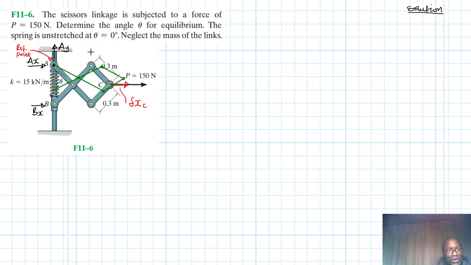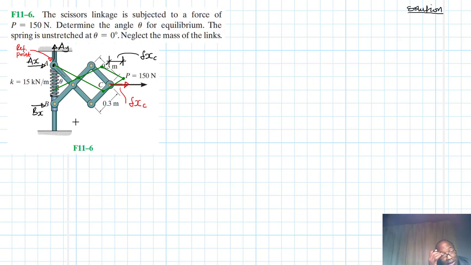C has moved, because this is our new C now. This distance here is the actual virtual displacement we are calling del xc.